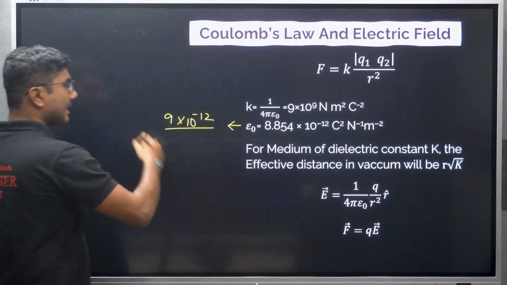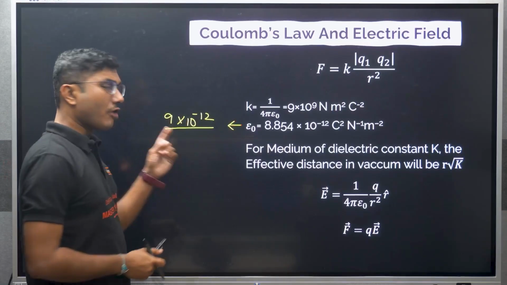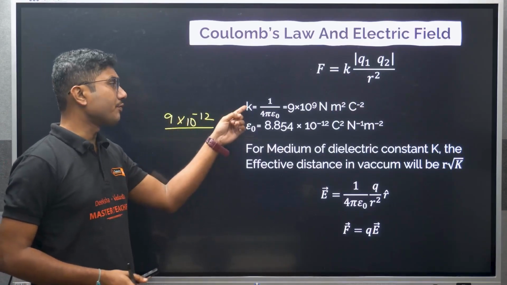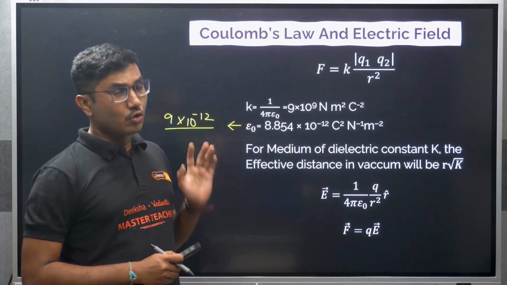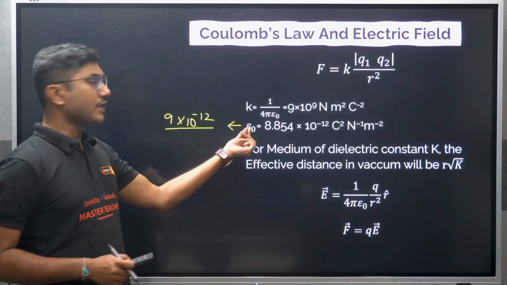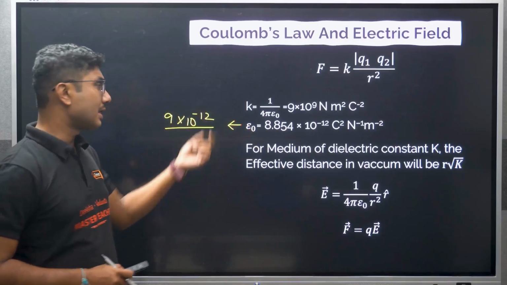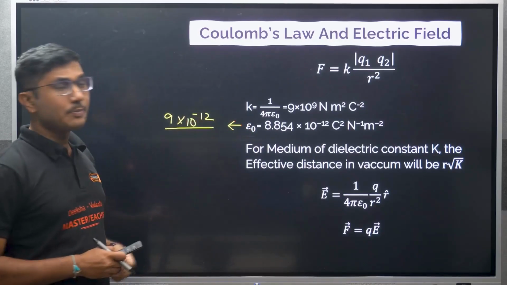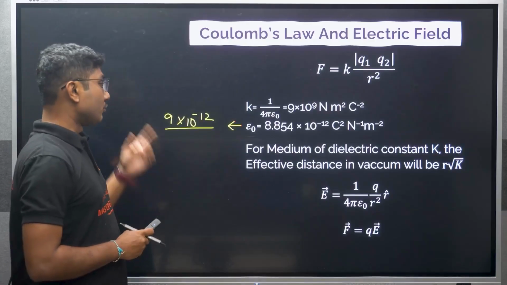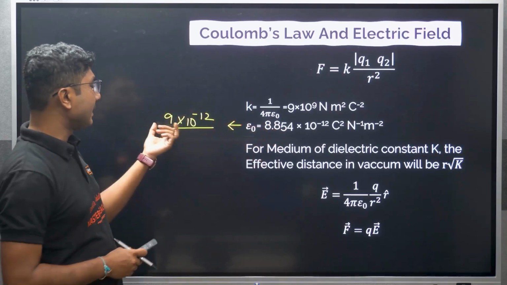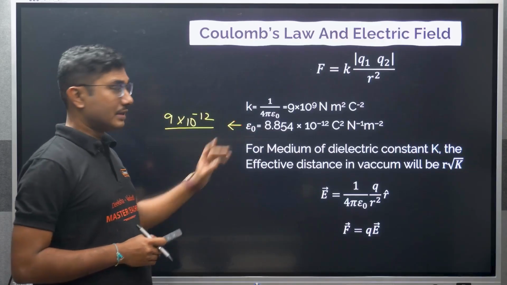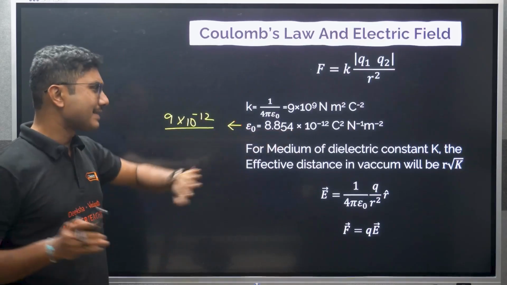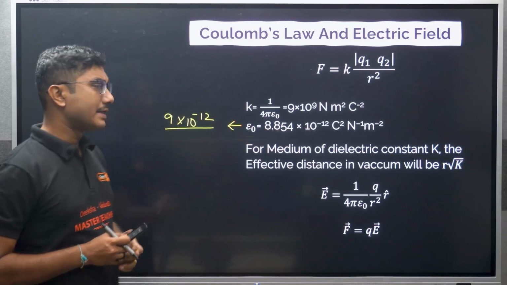But there is a risk. Some students often mistake this epsilon naught for K and put the value 9 into 10 to the power of 9. So don't do that. Be careful. This is epsilon naught, which is much smaller than K. It is 10 to the power of minus 12. So remember this value. For approximated answers you can use 9 as well, but this is a value very close to the exact value.